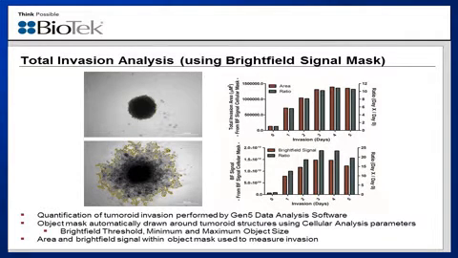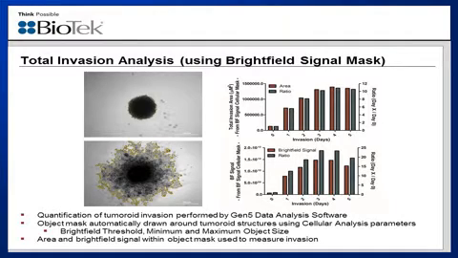Then through the incorporation of BioTek's Gen5 software, which is used to not only control the imager but also contains a data analysis package, the extent of invasion can then be determined using internal algorithms in addition to cellular analysis parameters such as brightfield signal threshold and minimum and maximum object size.